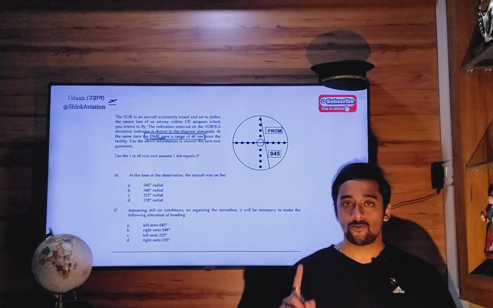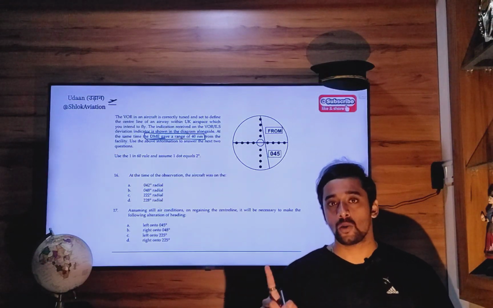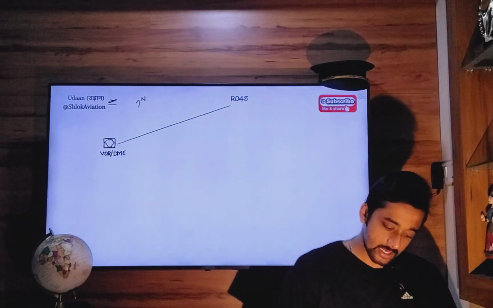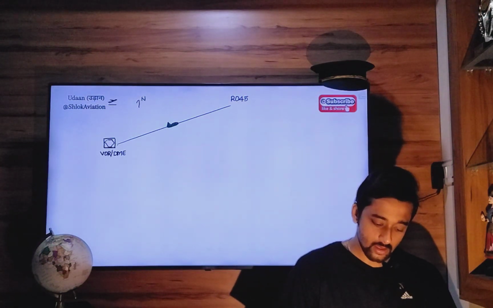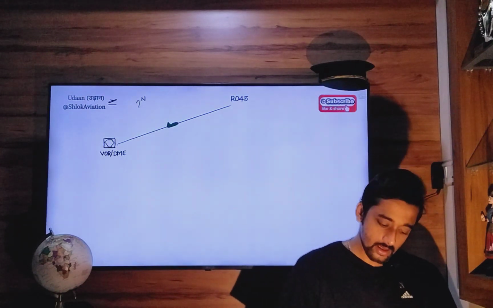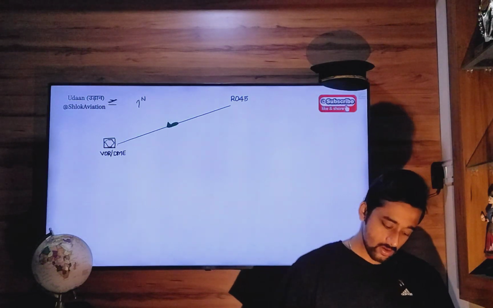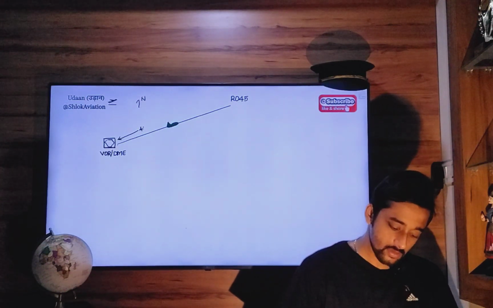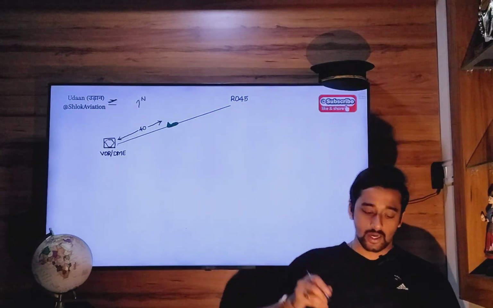That means you are following this radial 045 outbound from the station, away from the station. So your aircraft is, let's say, here somewhere. This is what should ideally happen in a correct situation, and your distance is 40 nautical miles. So you are here.